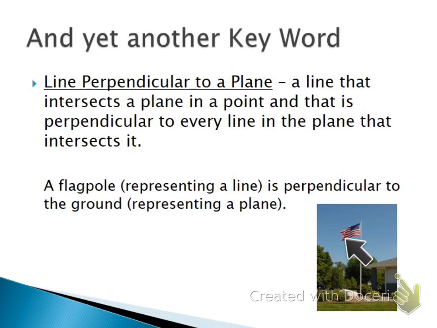So if you think about a flagpole stuck in the ground, like in a concrete slab, a flagpole representing a line is perpendicular to the ground, which would represent the plane. So a line that forms a right angle with a plane.